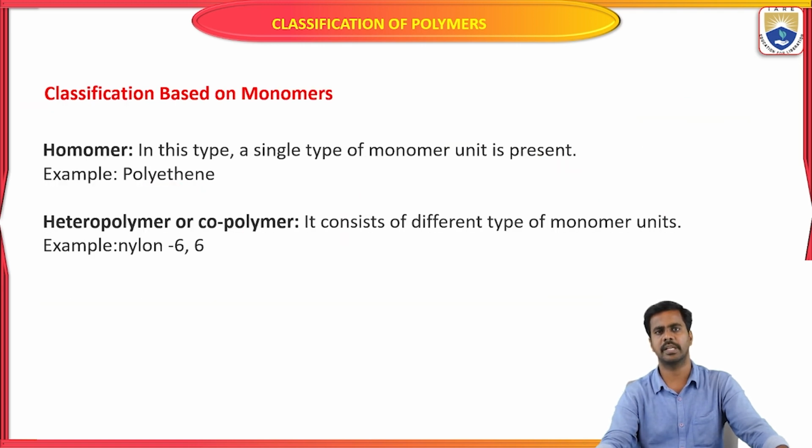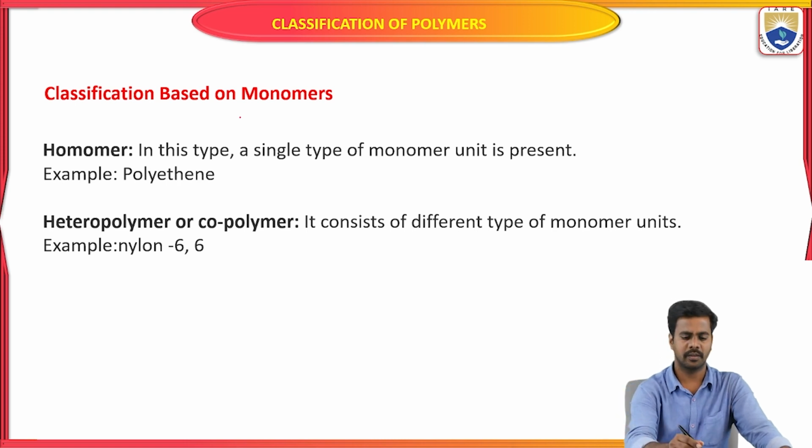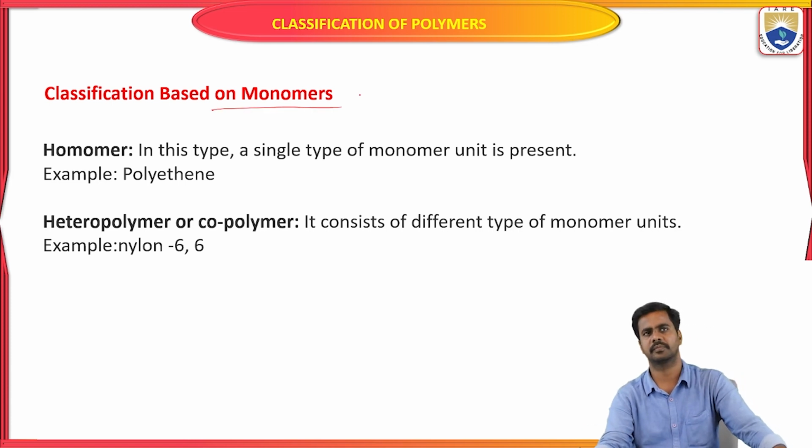Next is the polymerization classification based on monomers. On the basis of types of monomers, polymers are classified into homopolymers and heteropolymers.